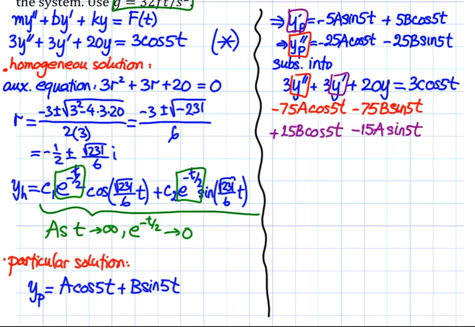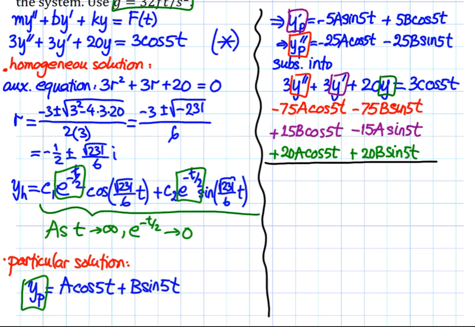And then the function, multiplied by 20. So we're going to have 20a cosine of 5t plus 20b sine of 5t. I put all the cosine terms in one column and every sine term in one column. It will be very easy to add them up.